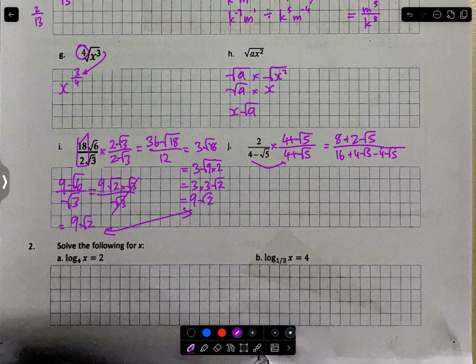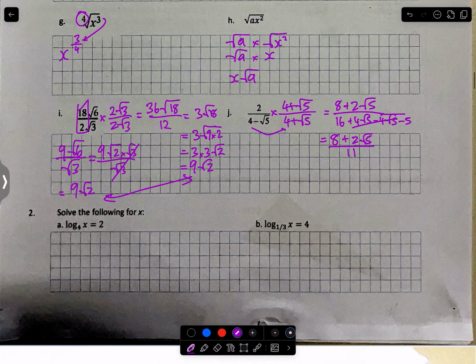Negative root 5 times root 5 is going to be negative 5. These are going to cancel, so you're going to have 8 plus 2 root 5 over 16 take away 5, which is 11. That's as far as you can go.